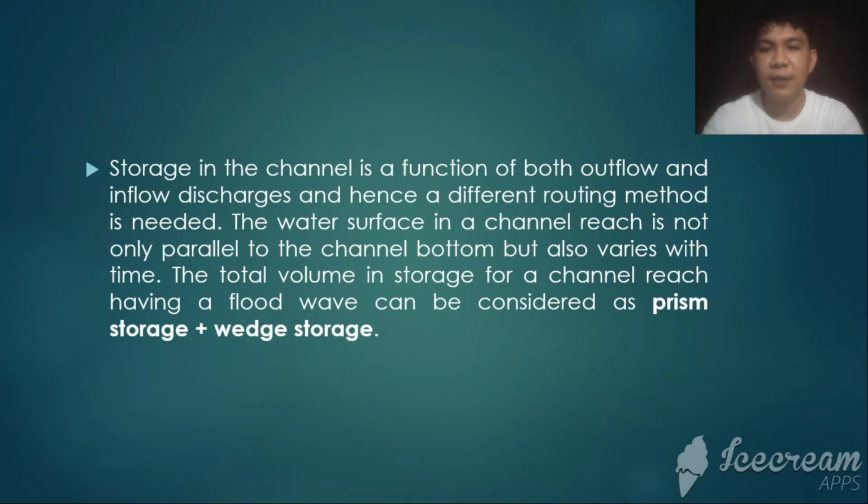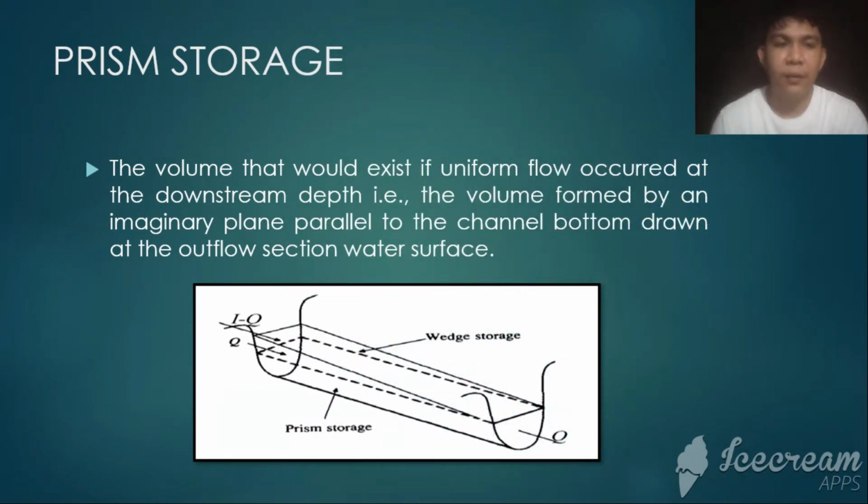The water surface in a channel reach is not only parallel to the channel bottom but also varies with distance and time. The total volume in storage for a channel reach having a flood wave can be considered as prism storage plus wedge storage. Prism storage is the volume that would exist if uniform flow occurred at the downstream depth.